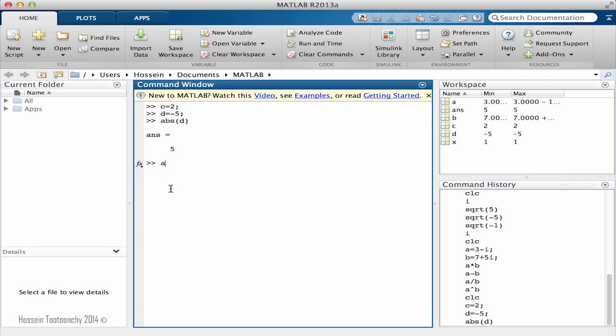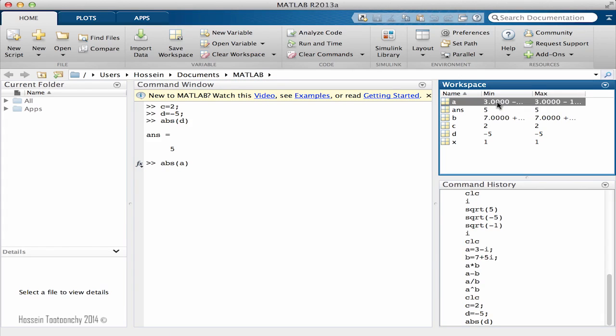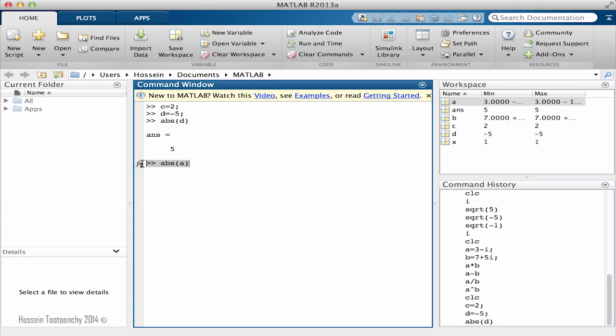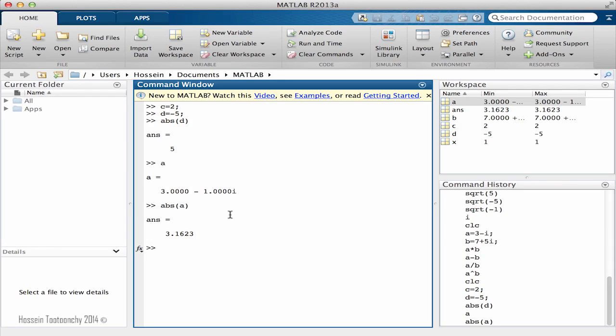But how about if we type abs of a? If you remember, a is a complex number. It has a value for the real part, and it has a value for the imaginary part. If I type a first, so you know what we're dealing with, and then type abs of a, as you see, it just returns a single number.